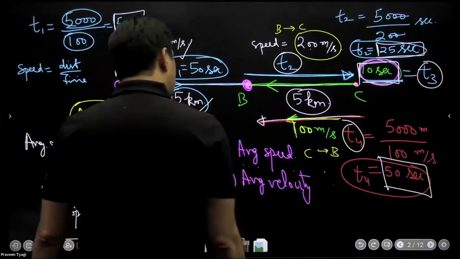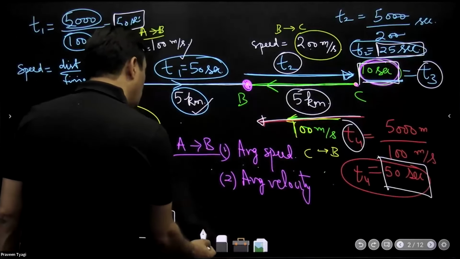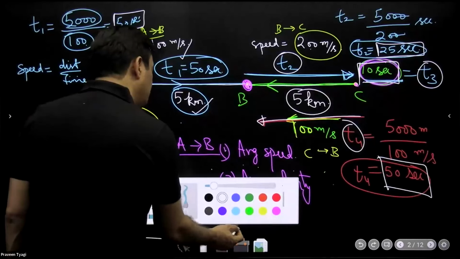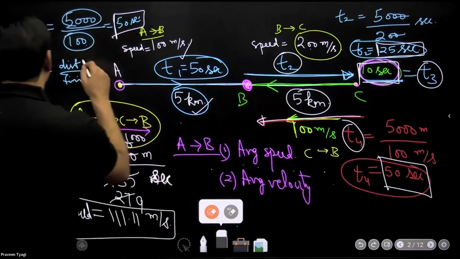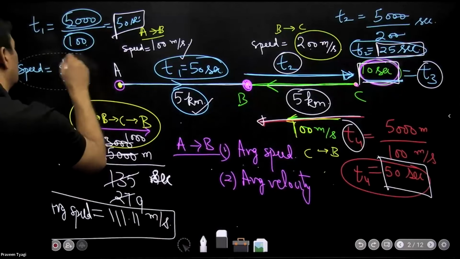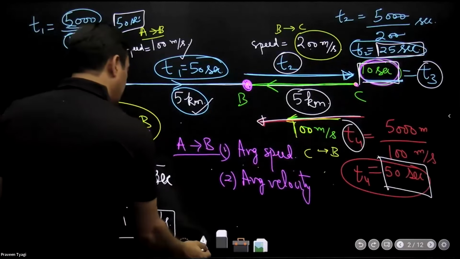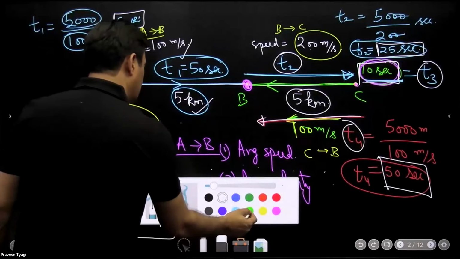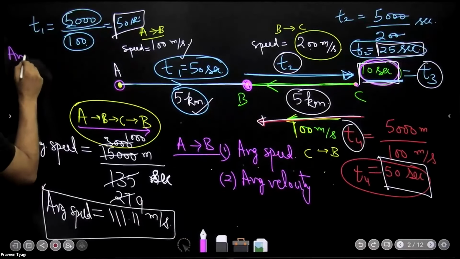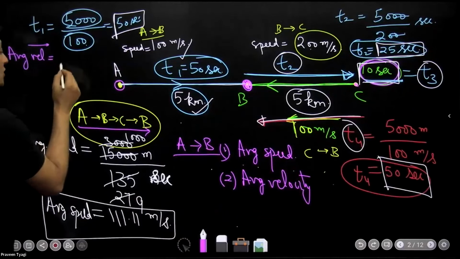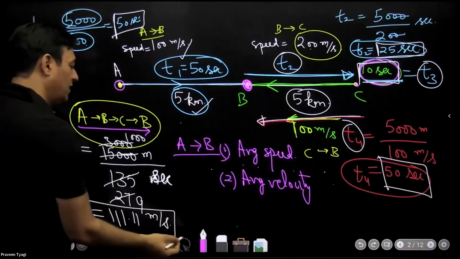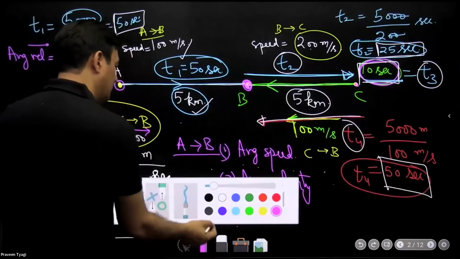So for average velocity, the time taken will be the same, but total displacement will be different, so I'm going to write it here. In such a small place, we'll be able to get the answer. Average velocity vector is total displacement. Can anyone tell me what is total displacement?